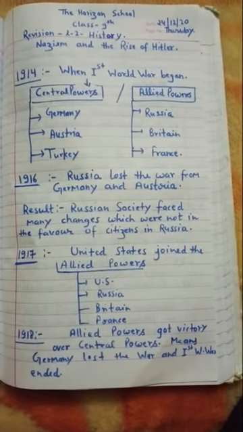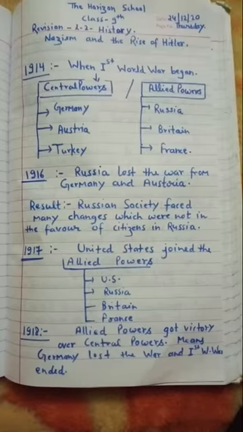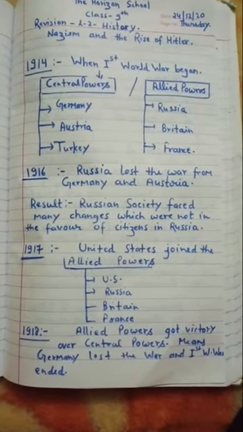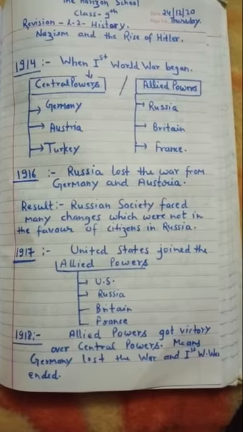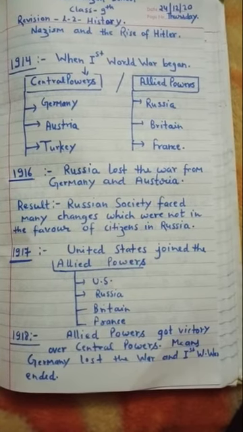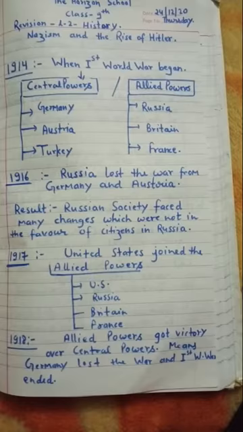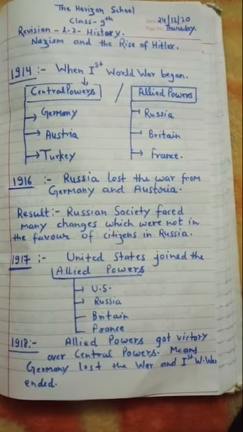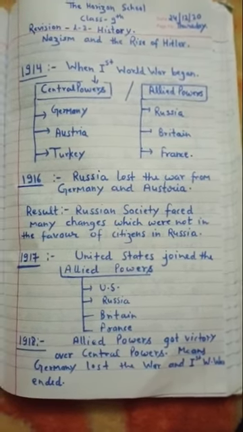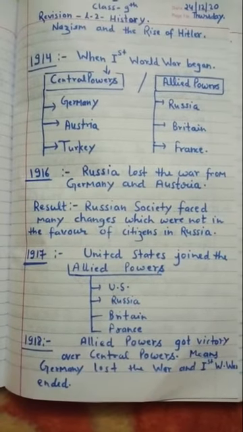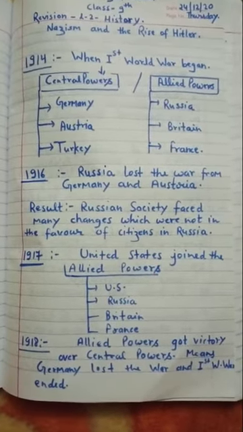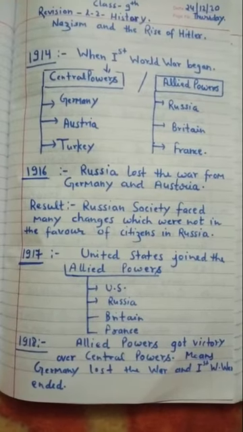If we are talking about Nazism, how the Nazi party came into existence in Germany, how the rise of Hitler was supported by the people, why people supported Hitler and his ideology even though he was a dictator, what were the conditions to support Hitler in Germany, you have to read all these things in a detailed manner.